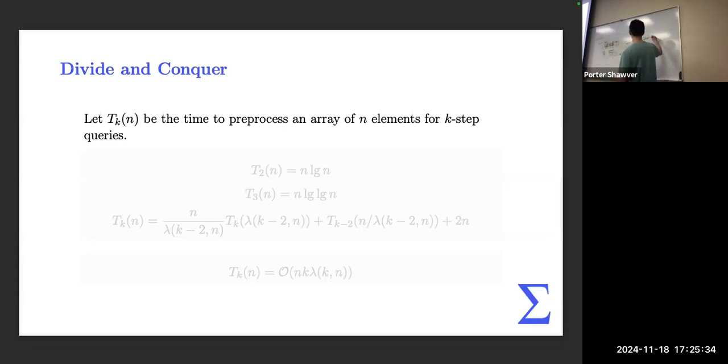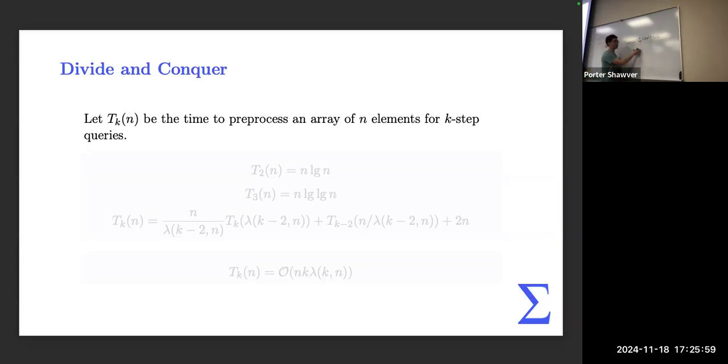This A prime is of size n over log n, so the cost is T2 of n over log n. This is the total recurrence for this entire structure, which I'll call T4.